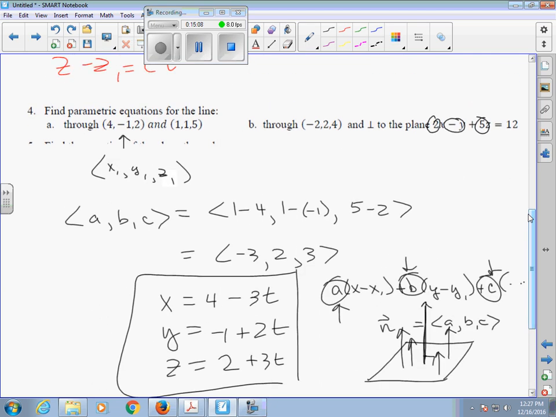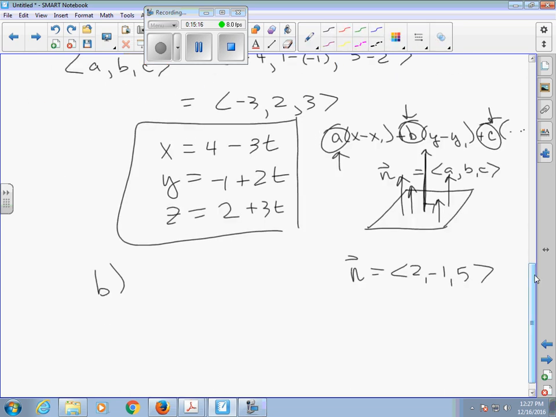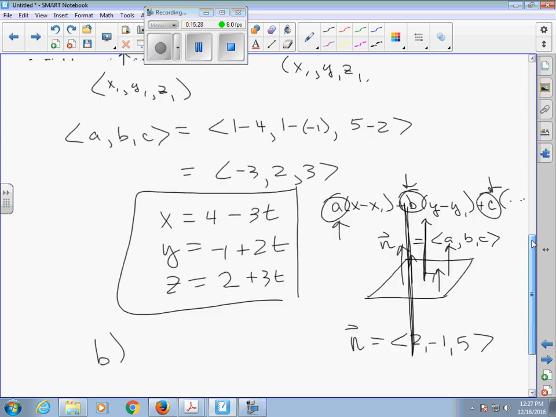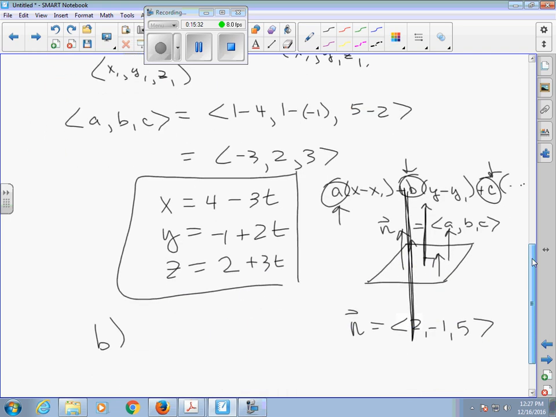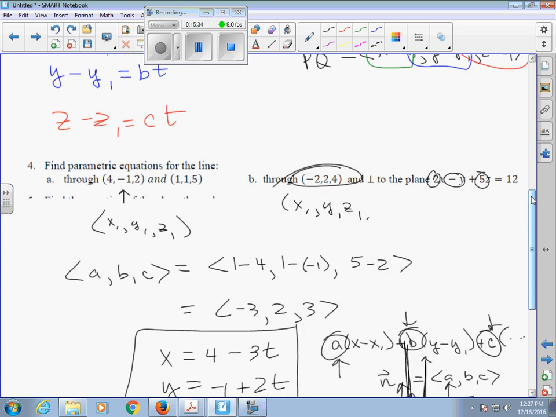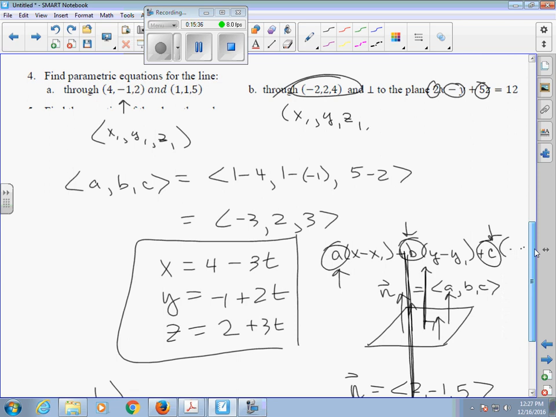So if we're looking for a line that goes through that point, there's our x1, y1, z1, and is perpendicular to the plane, that means if this is our plane, the line we're looking for is perpendicular to it, which means it has the same components in its direction as the normal vector. So they're giving you the answer. 2, negative 1, 5 is your a, b, c, and this is your x1, y1, z1, and then you go ahead and write it out.